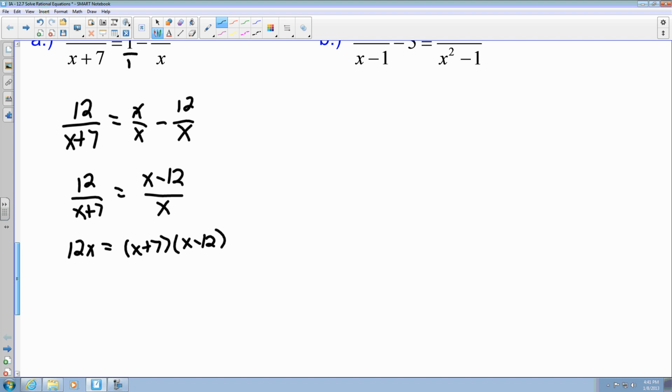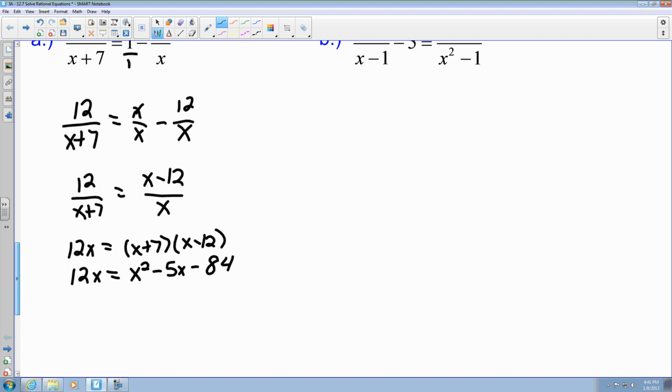So what I'm going to do to the right-hand side of this equal sign is I'm going to FOIL this out. So that leaves me with x squared. So that gives me what? I got 7x, and then I got negative 12x. So that's what? Minus 5x minus what, 84.